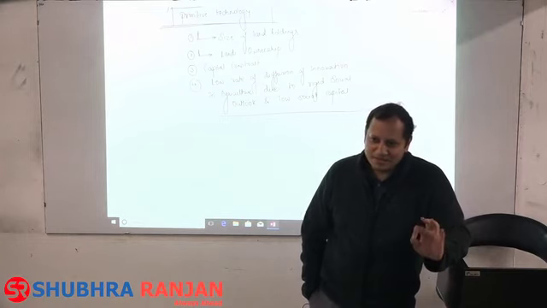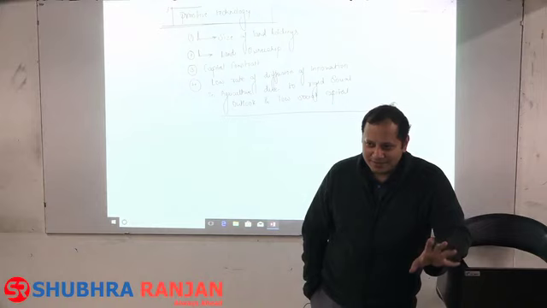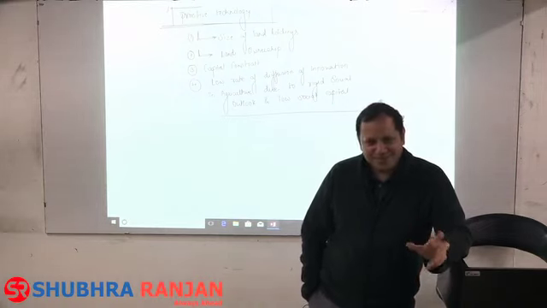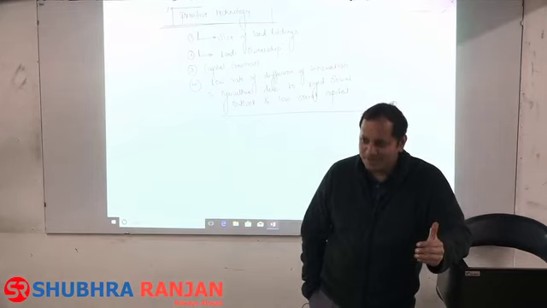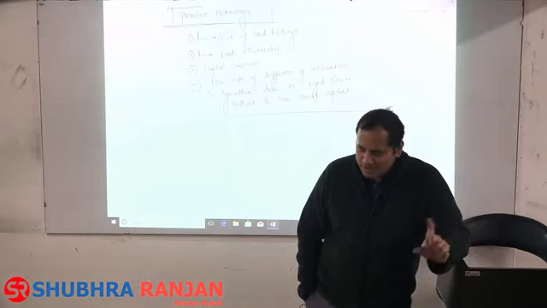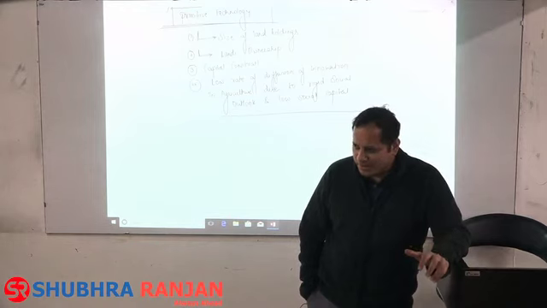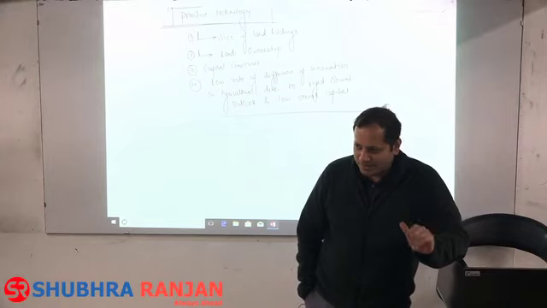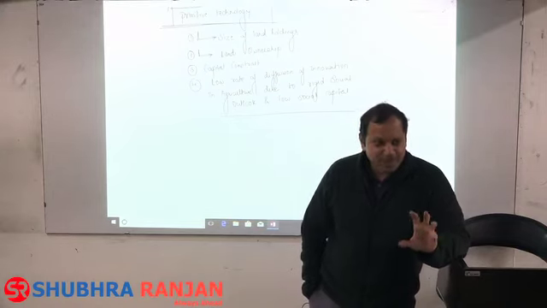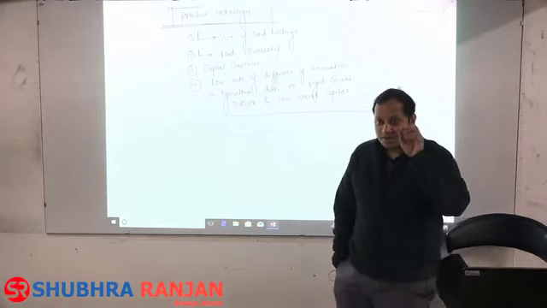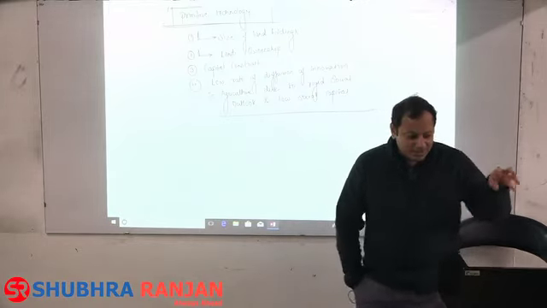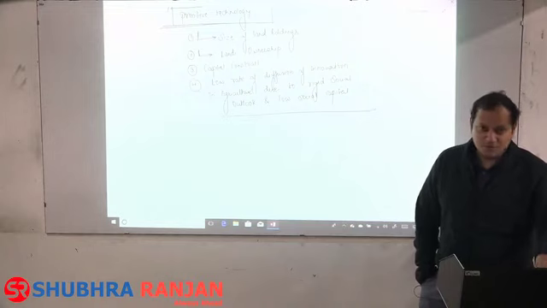His answer was, sir, this sand mining ban and all that has destroyed the economy. It means you are protecting the environment at the cost of what? At the cost of the economy. Earlier sand mining was there in the villages of Konkan. Sand mining used to make the farmers very rich, and as they became rich, obviously they had the problem of alcohol. But there was one person who started satsang, and most of the people, the sand miners or brick kiln owners, put their children in convent schools.